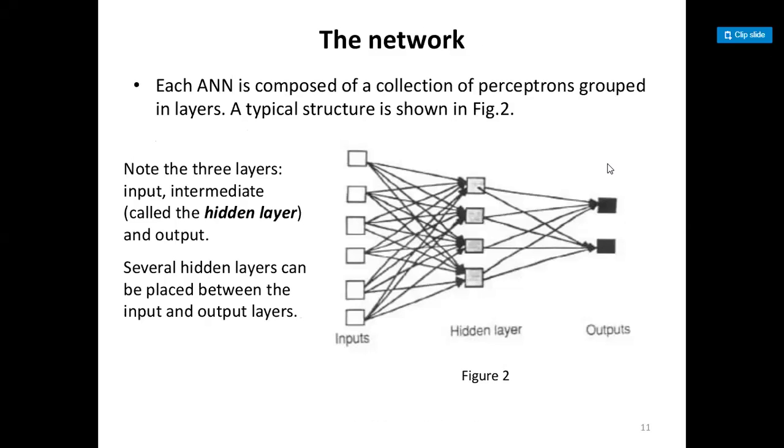The input layer is the layer through which the user provides the input, and the output layer is the layer through which the user gets the output. It's like a black box, but in between there may be layers of perceptrons which are called hidden layers. The number of hidden layers depends upon the complexity of the problem. So, to summarize, there are a series of perceptrons and layers of perceptrons between the inputs and outputs. This is the basic model of the artificial neural network.